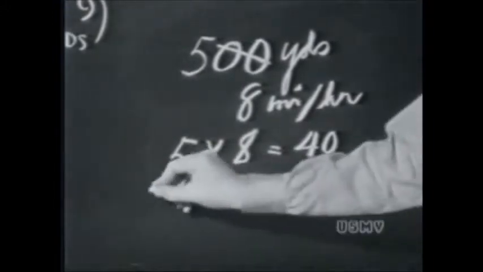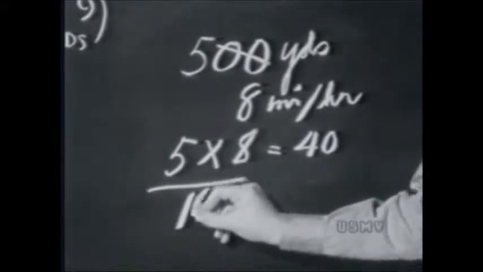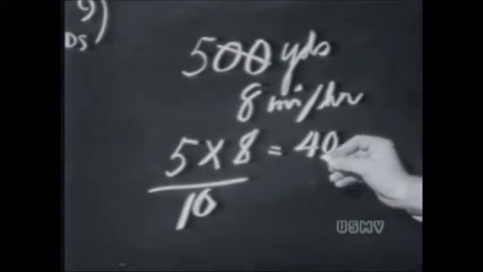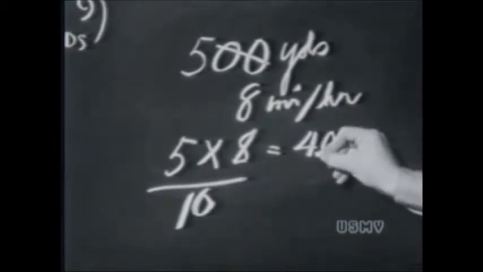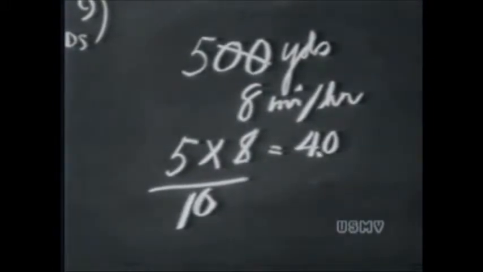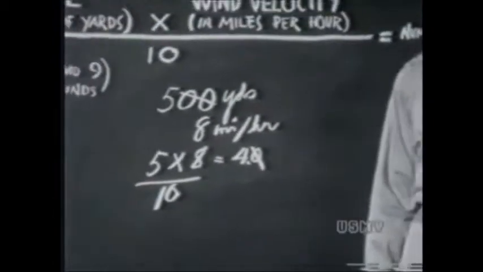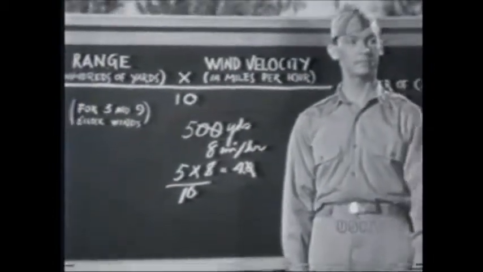Now, we've got to divide by 10. If you've ever been exposed to simple decimals, you know how hard that is. You point off one place from the right. If the last digit happens to be a 0, just chuck it away. And there's your problem.